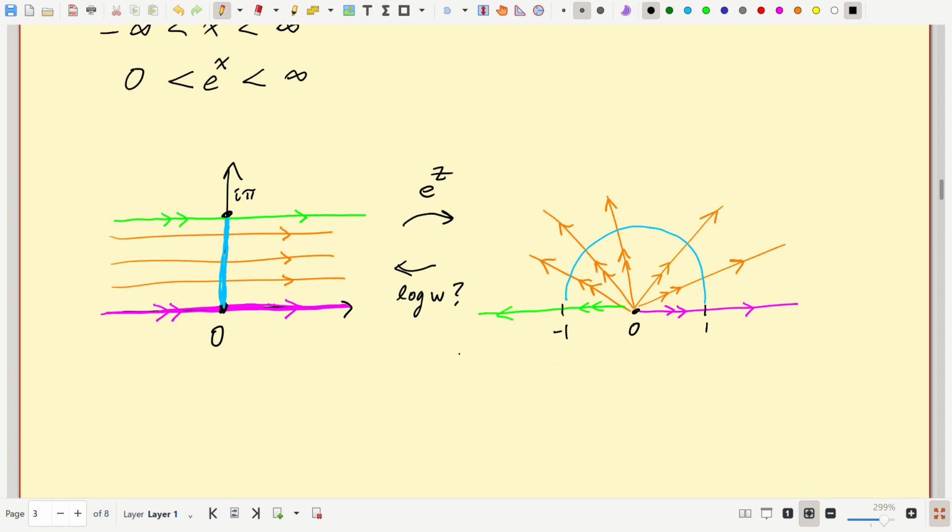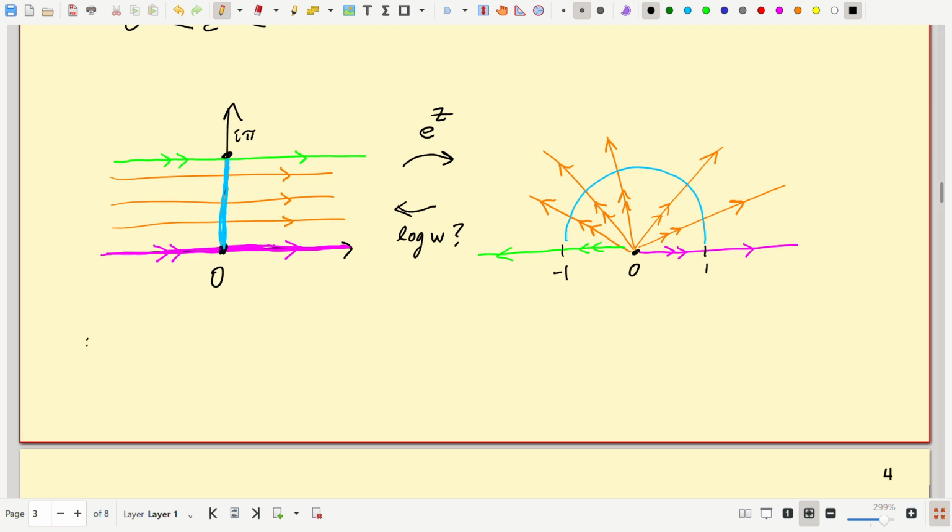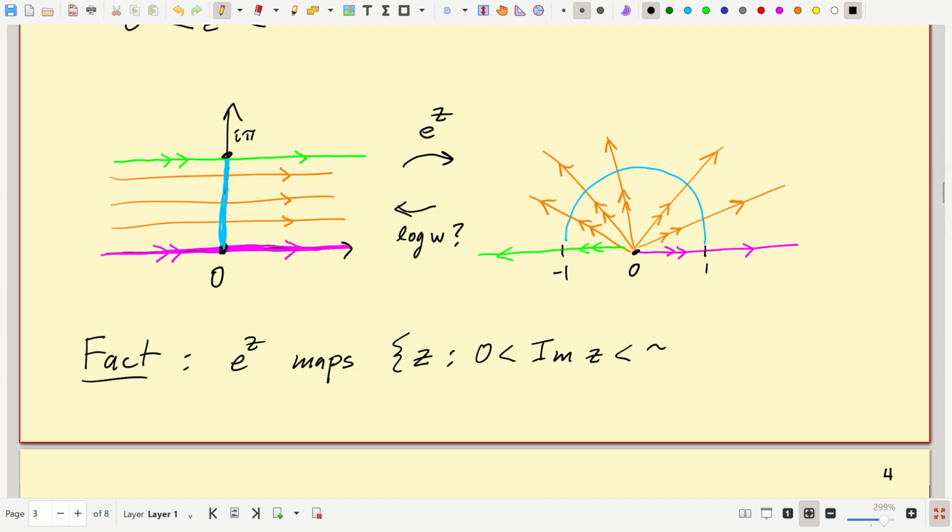So let me summarize this in a fact. Fact. e to the z maps that little, let's say I want to make a domain. So I want my domain to be an open set. So I'm not going to include the orange, I'm not going to include the purple or the green lines. e to the z maps the z such that 0 is less than the imaginary part of z is less than pi.